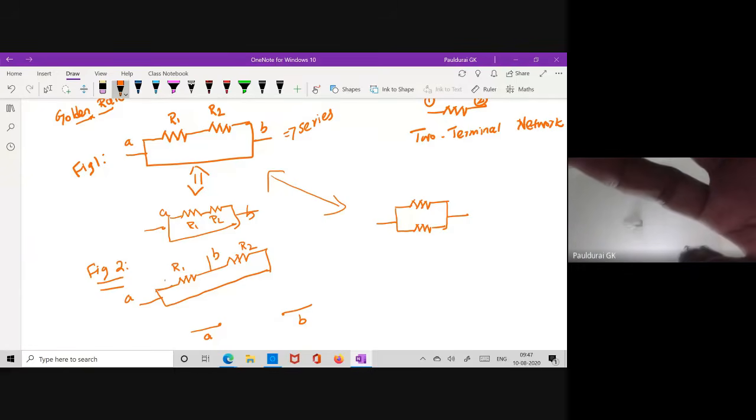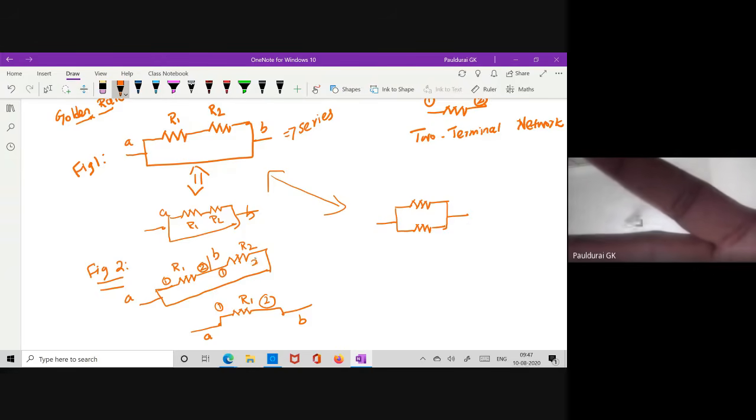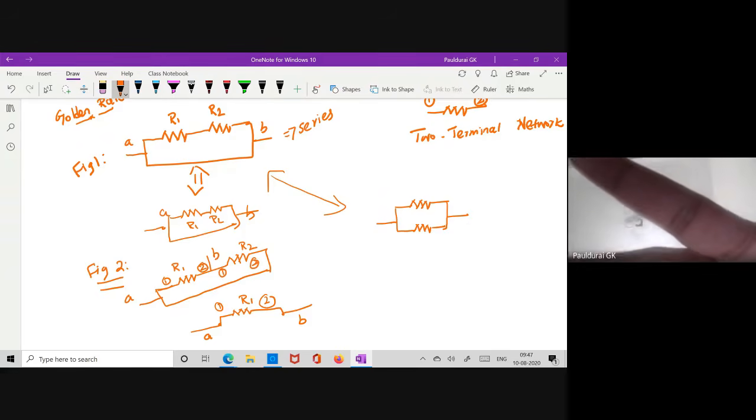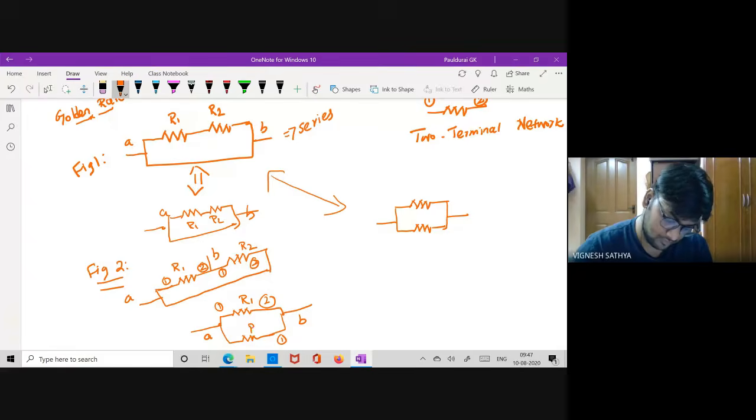R1, terminal 1 is here, terminal 2 is connected to B. Similarly, terminal 1, terminal 2. There is no polarity for a resistor, okay? So now this is terminal 1 and this is terminal 2. So this is R2.